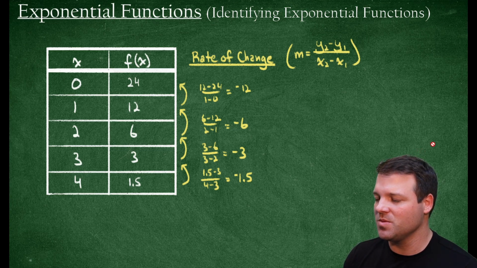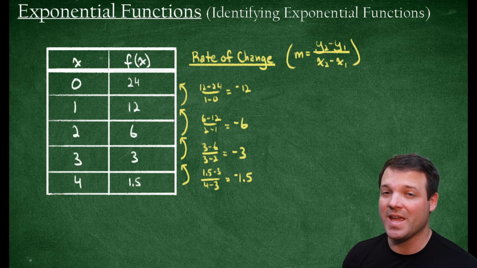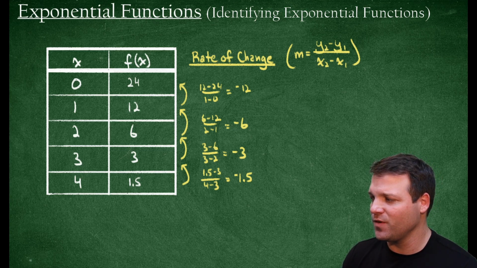So what does it mean to be exponential? Well, you have to remember that even though exponentials are rapidly increasing or decreasing, there is some method to the madness. They are rapidly increasing or decreasing by a common base, or this common ratio. So let's see if we can figure out what that is.